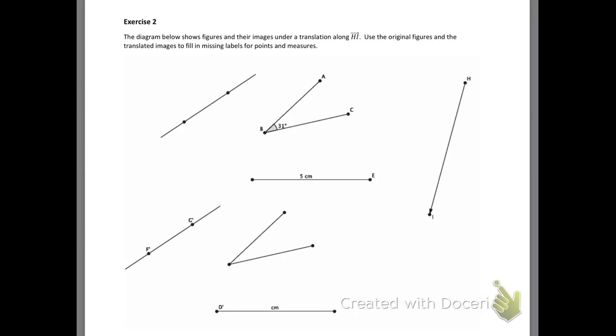All right, so I'm going to talk us through this exercise without using my overhead sheet, but like I said, you could have yours out. So our vector is right here, it's HI. And if you notice, our vector is a given length, and it points kind of down and to the left.